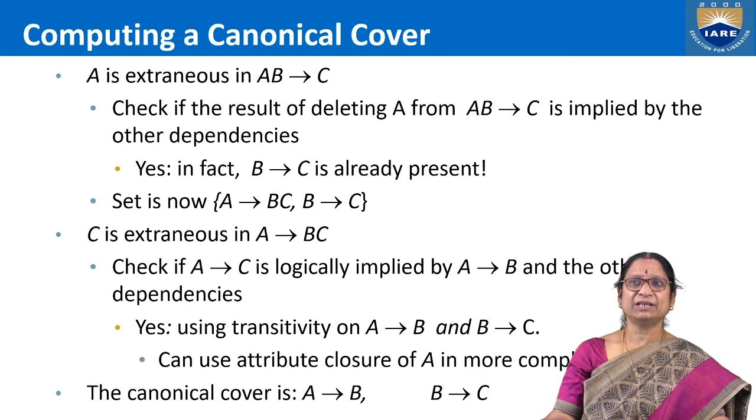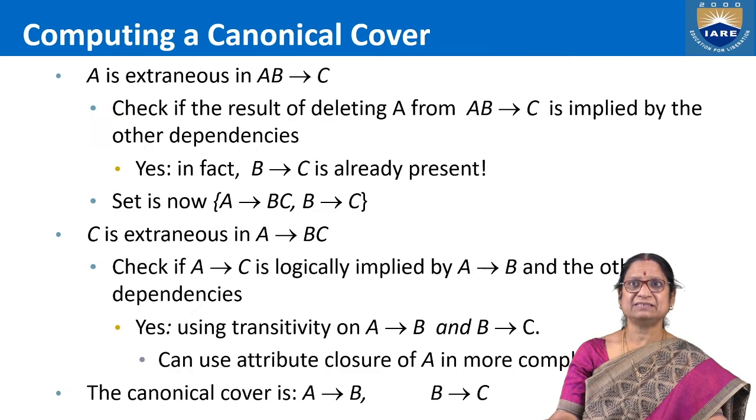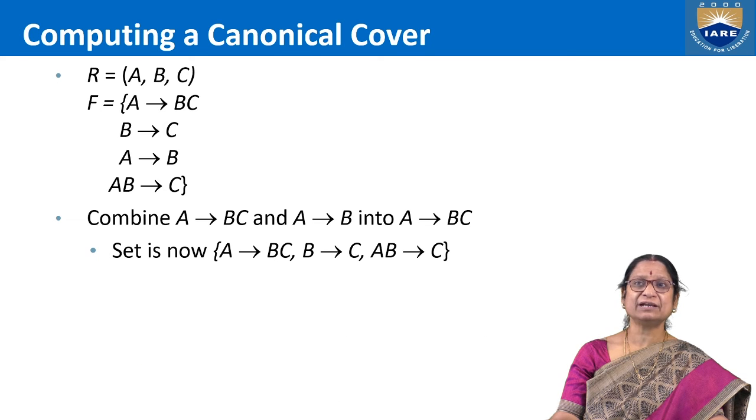Now A determines BC, B determines C, and AB determines C are there. And we have to find out extraneous attributes, because B determines C is there anyway. Both sides are a single set of attributes. So I need to find out whether, in A determines BC and AB determines C, there is an extraneous attribute or not. In AB determines C, A is extraneous. We have to check, because B determines C is there already. If A is extraneous, then it can be removed.